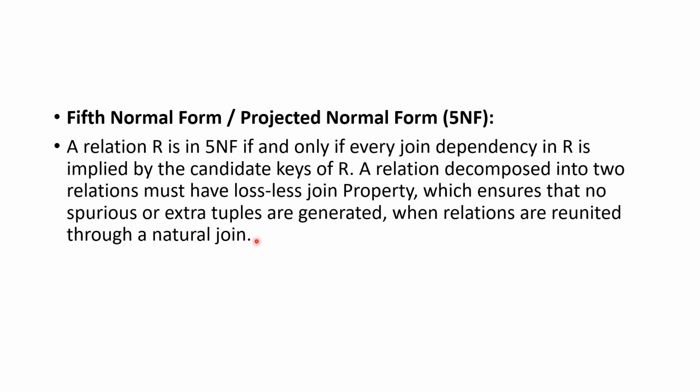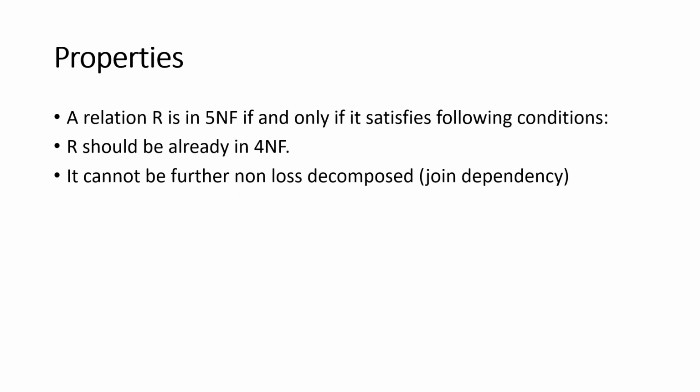So in 5NF, obviously 4NF is compulsory, and after that it should have the lossless join property. When a relation is decomposed into two or more relations and we join them back, there should not be any loss of data and no extraneous tuples. The data should be as it was before breaking the relation into parts, so the original data should be there, with no extra tuples.